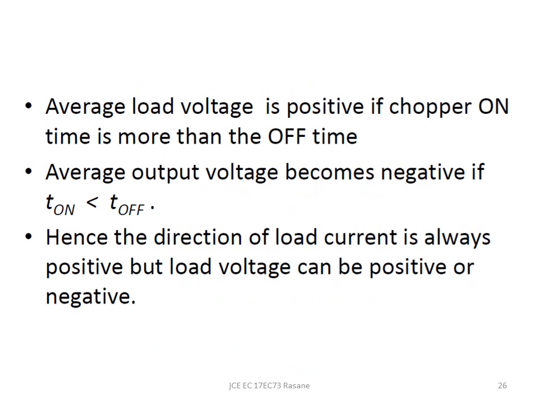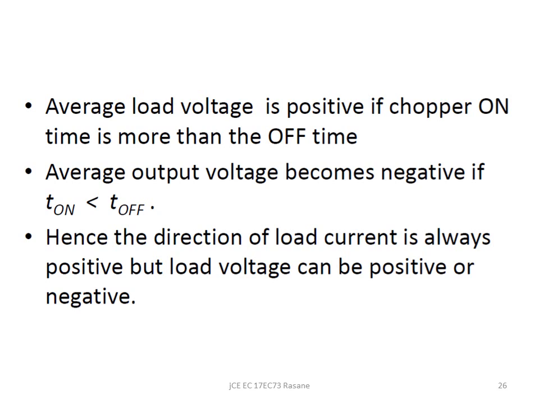The average load voltage is positive if the chopper on time is more than the off time. How do I make positive average voltage? We have to look at the average value. So average value means T on. Chopper is going to be on for some time and then the diode will be on. So if the chopper is on for more time, the output of the load will be positive for more time.